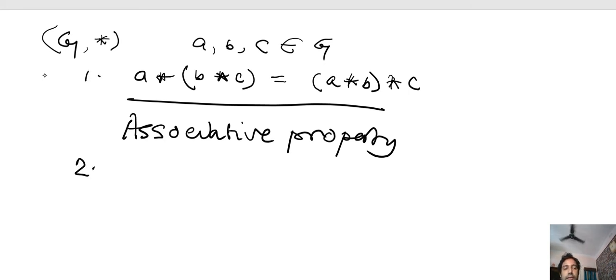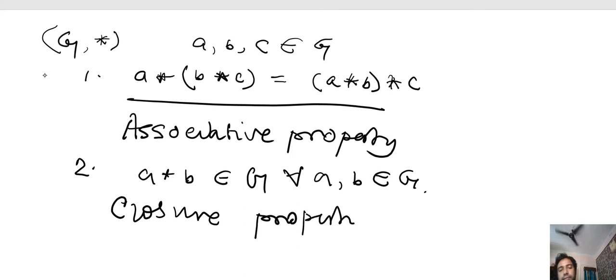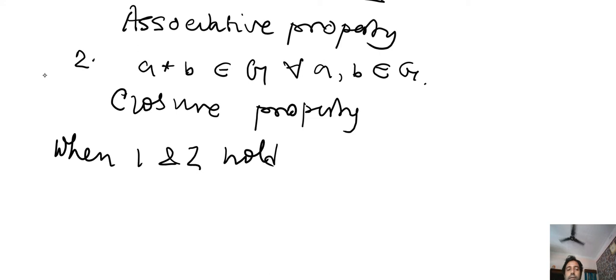The second property is A star B belongs to G for all A, B belongs to G. This is the closure property. When 1 and 2 hold, this algebraic structure G star is a semigroup.